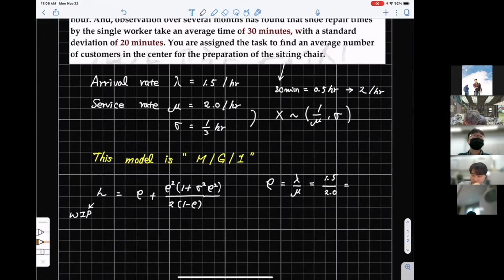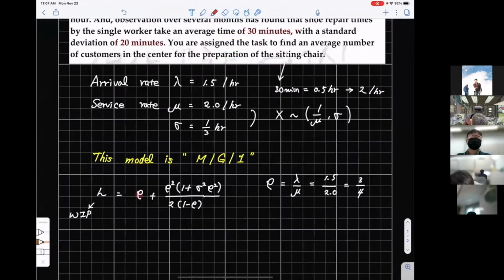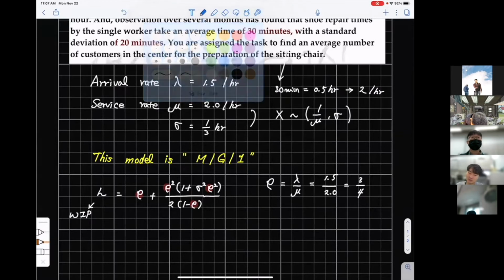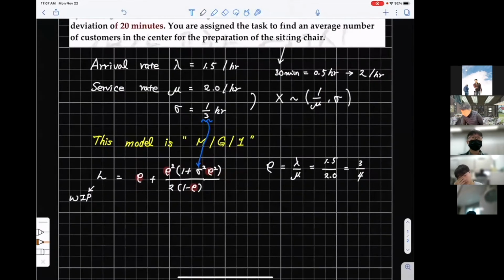So it becomes 3/4. So from here we can insert here, here, here, and here. And about the standard deviation, we have to insert this number here. So now this is just a simple calculation.